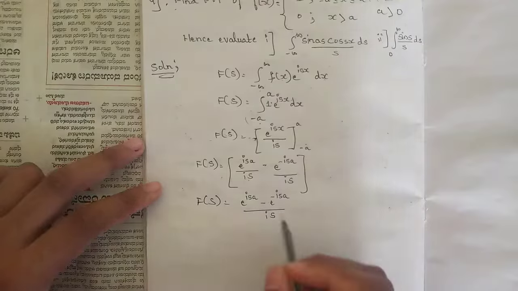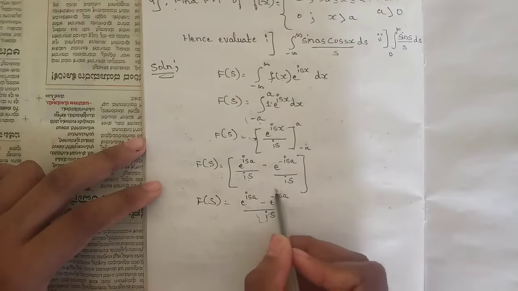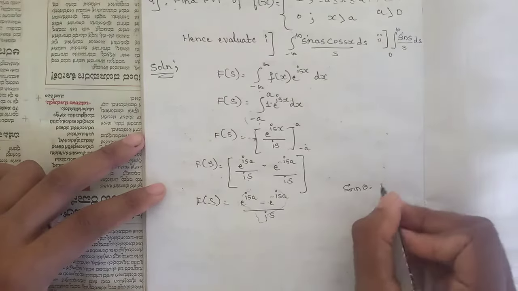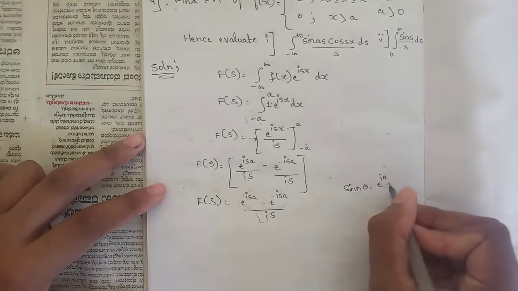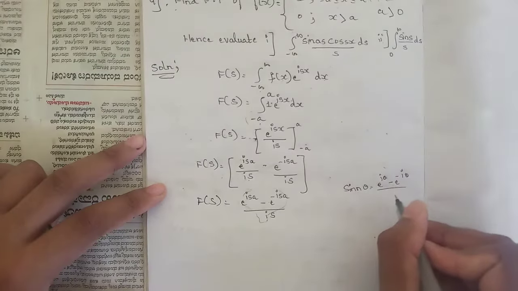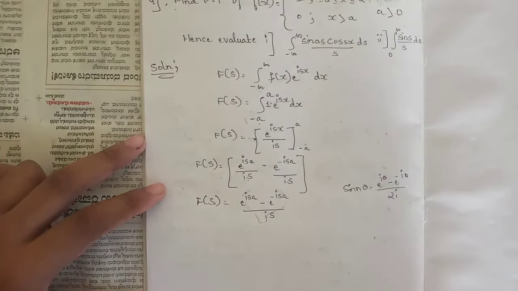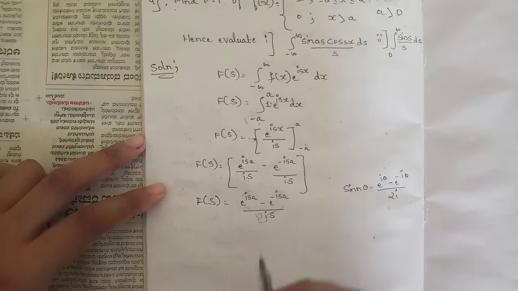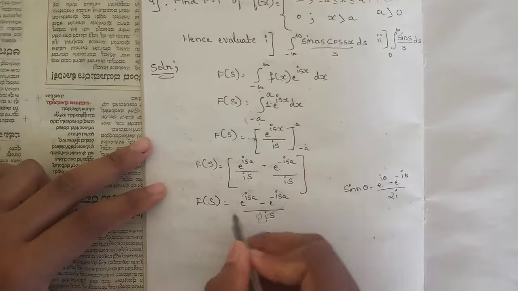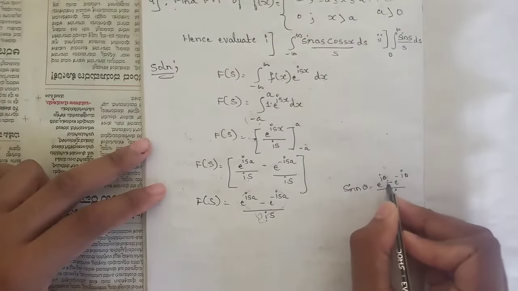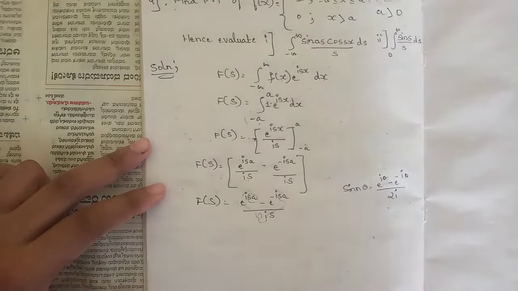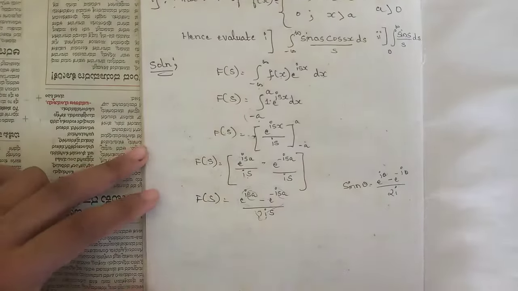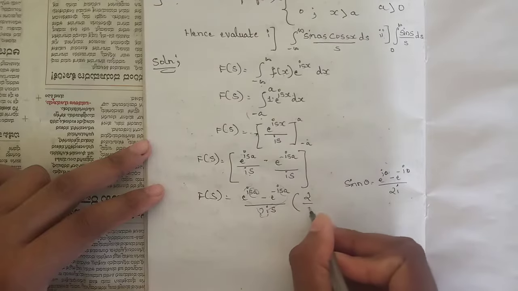Now we can see that this is again of the form of a function, that is, we know that sin theta is equal to e power i theta minus e power minus i theta divided by 2i. But here in the denominator 2 is missing, and also we have an extra s term, and in the numerator in place of theta we have s into a. So in order to bring this 2 here, we multiply both numerator and denominator by 2.